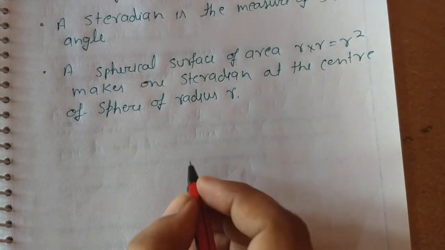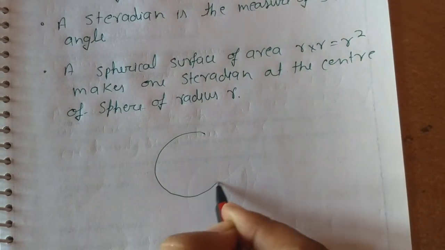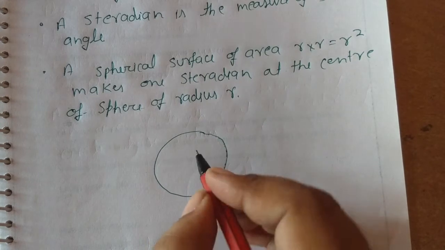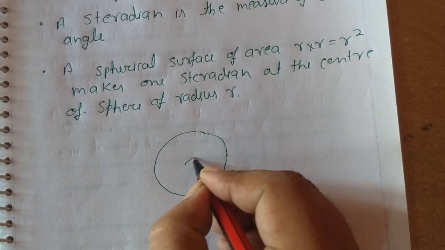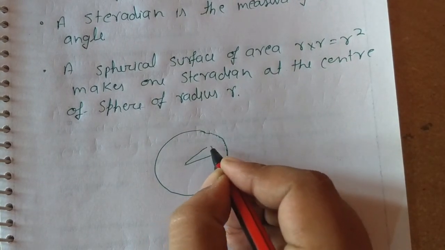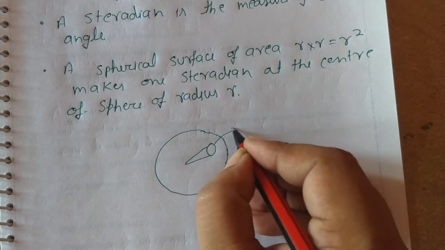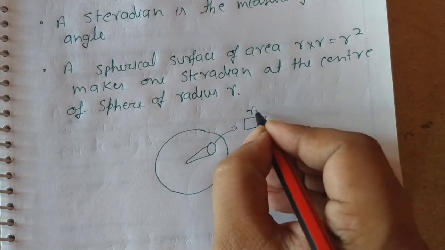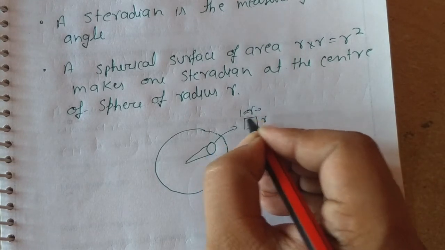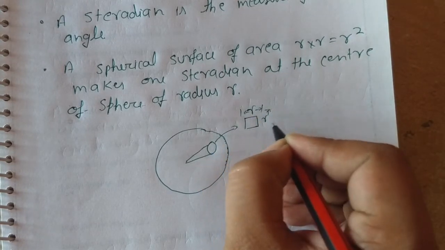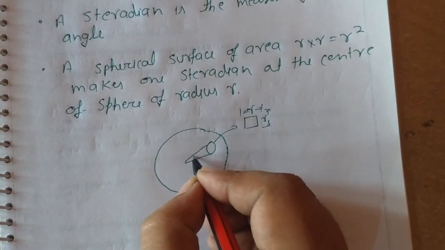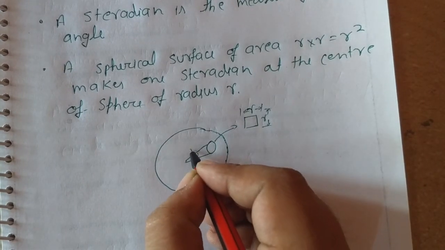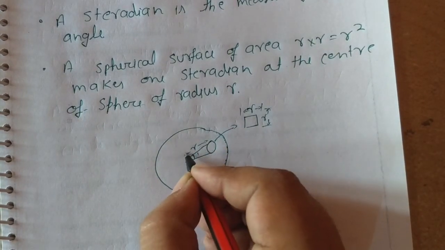Okay, so you can see here there is a sphere whose radius is r and a spherical surface of area r square. Area of r square makes an angle of 1 steradian at the center of the sphere.